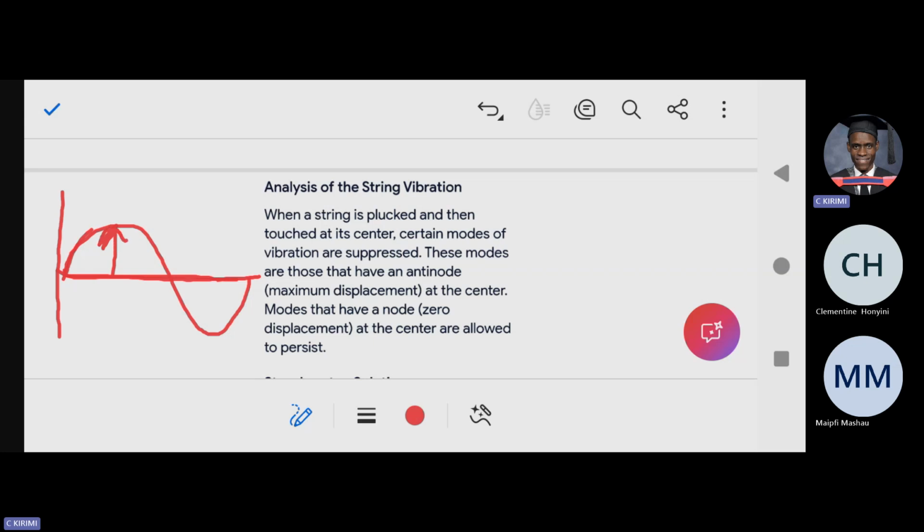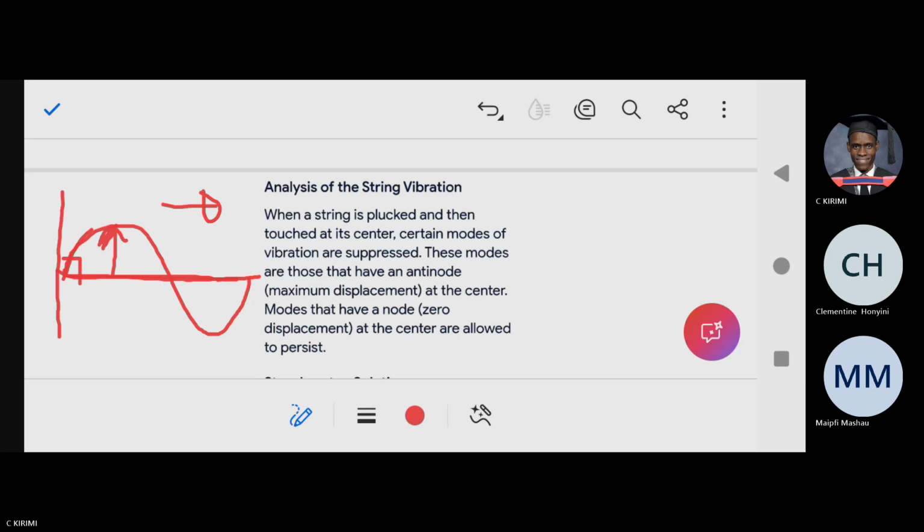Then when the string vibrates, it's a sine wave vibrating to and fro. But the displacement is perpendicular to the direction of propagation. The displacement is going upwards and the wave is traveling towards the positive x.